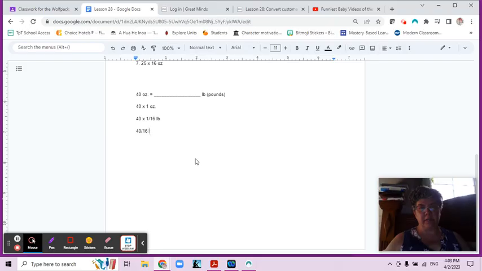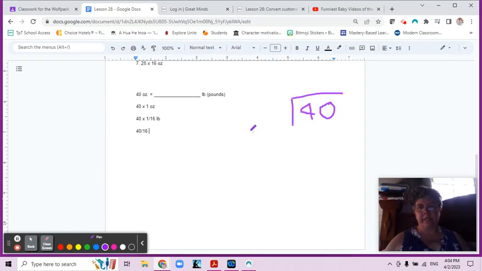And sorry, that's the only way I can do fractions, but it's 40 over 16. Okay, so 40 over 16 is an improper fraction, right? So now I need to divide 40 divided by 16. Okay, so 16 goes into 40 how many times?